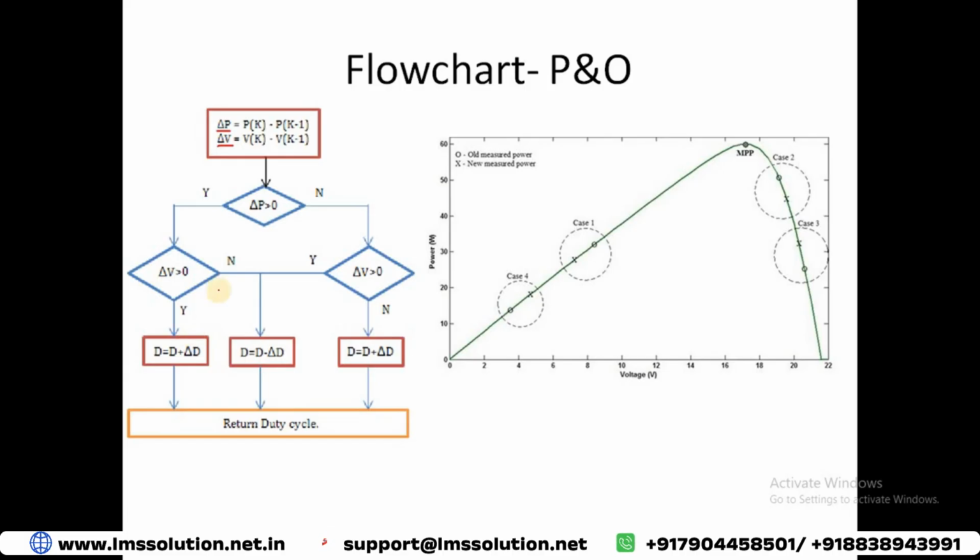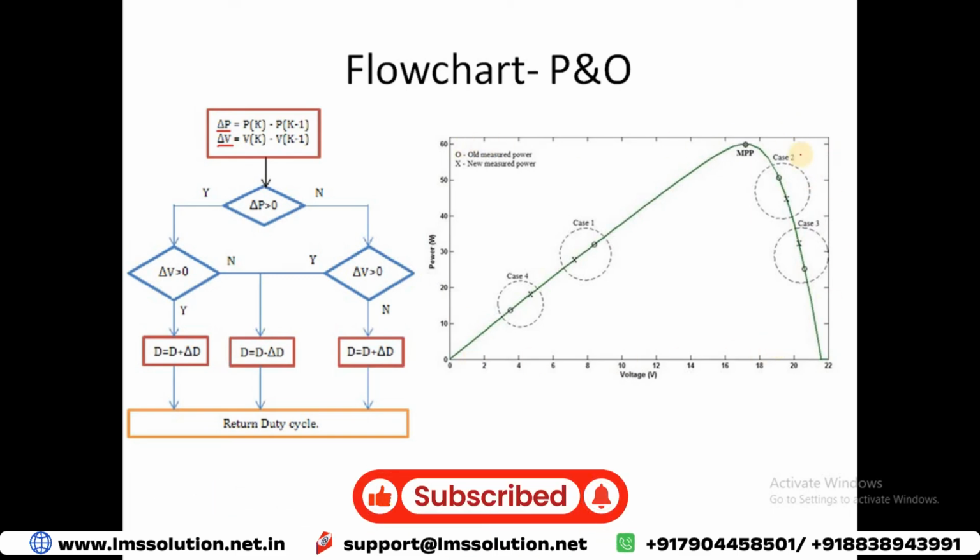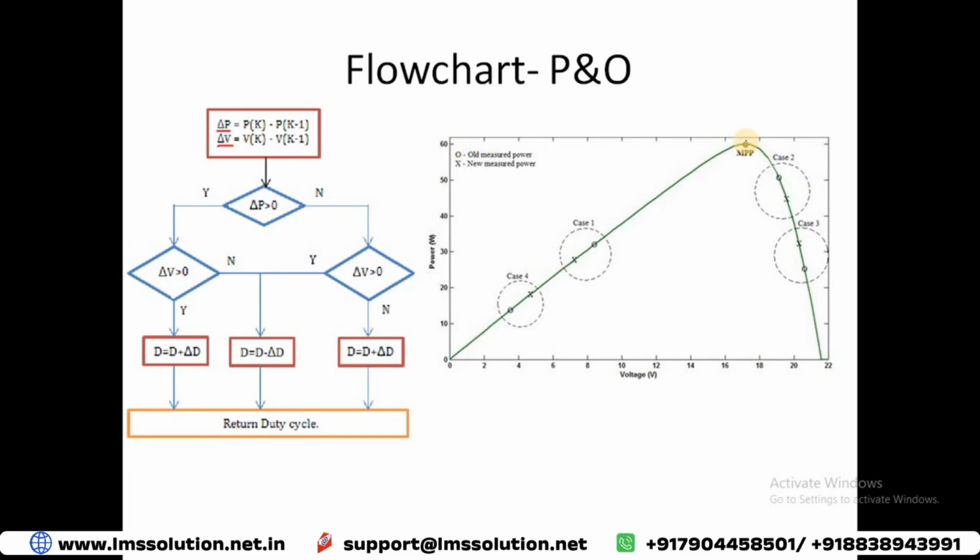In order to implement the P&O algorithm, we have to discuss 4 cases in the PV characteristics of the solar PV panel. You can see that this is the typical PV characteristics of any solar panel. In the solar panel, this point is considered as the maximum power point.